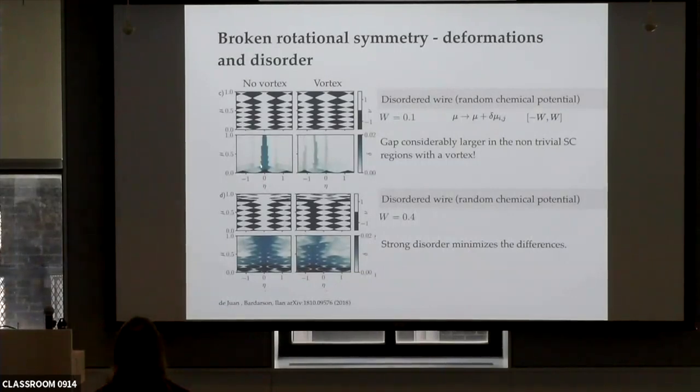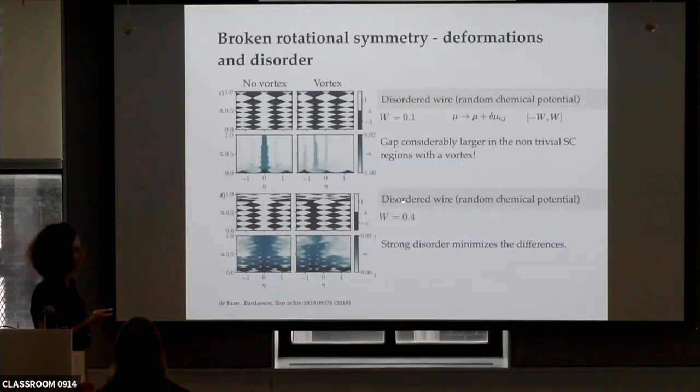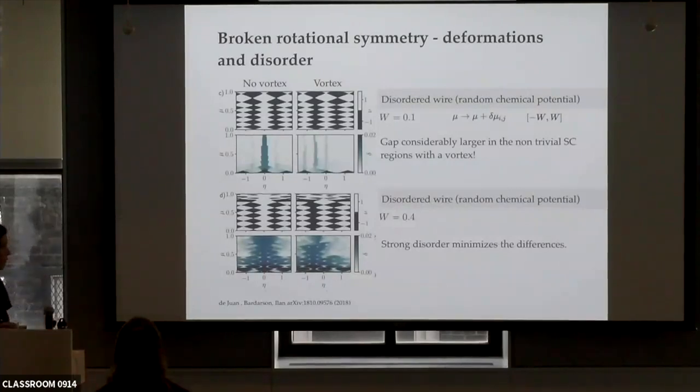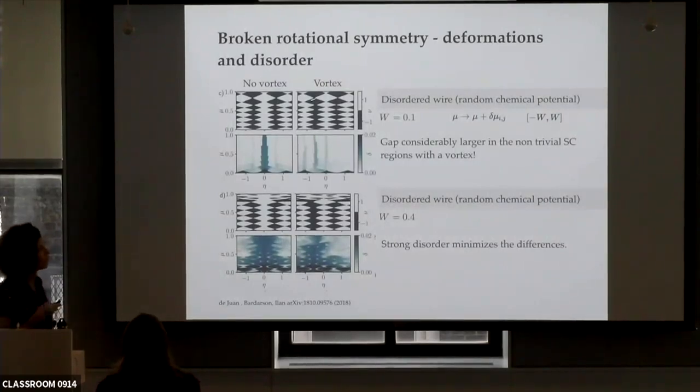So in the absence of a vortex, again, you get a large trivial gap. But if you phase wind, you can shift that gap into the non-trivial regime. However, if you increase the disorder strength and make your angular momentum basically a bad quantum number, then you already get a bigger distinction between the two. Okay, so disorder can be beneficial if you don't want to wind your phase, but if your system is rather clean, which you want to get nice interfaces and whatever, you want to have a vortex thread through the wire.